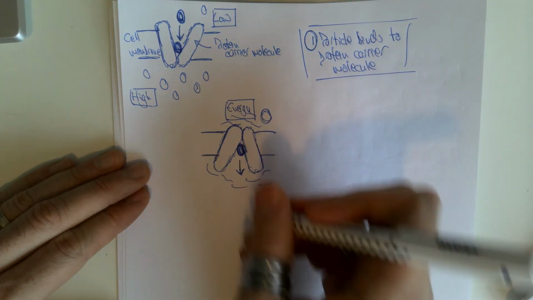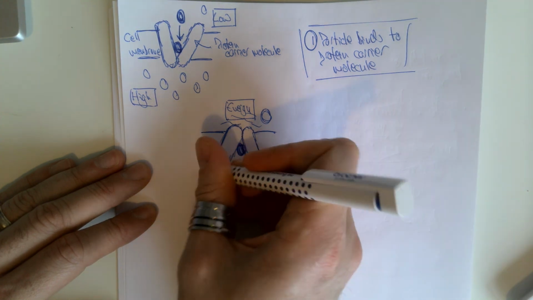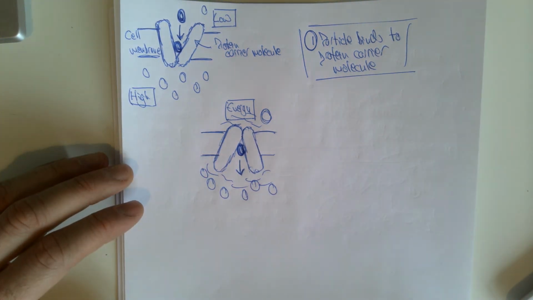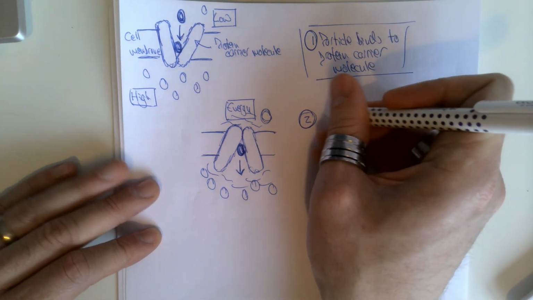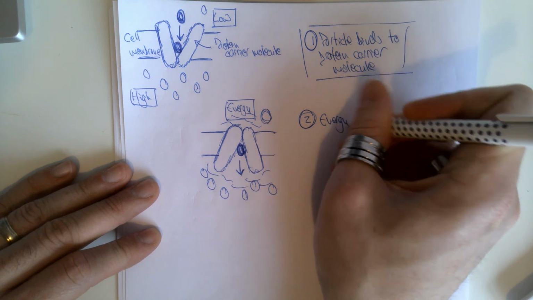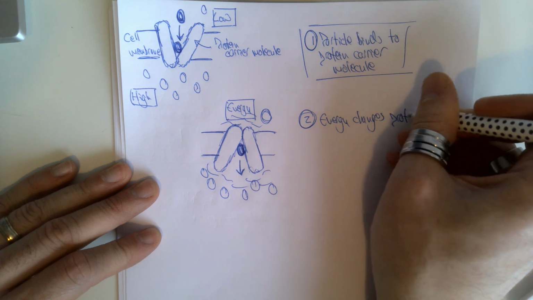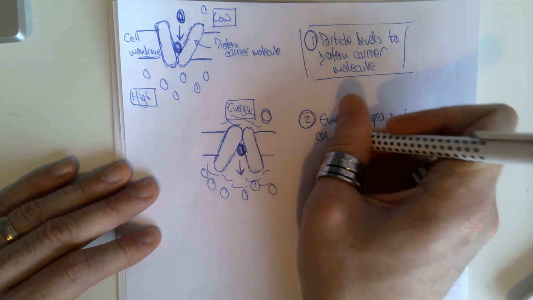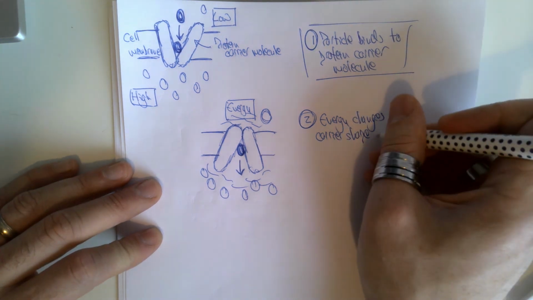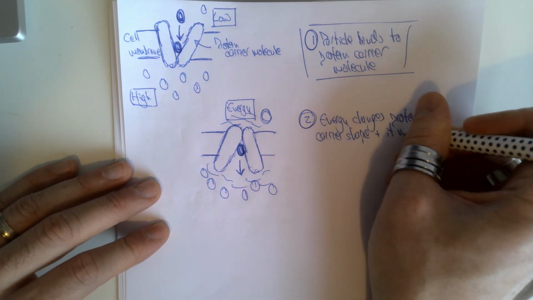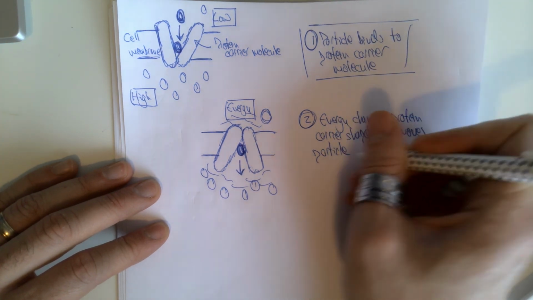So it moves it from the outside to the inside where there is a high concentration of particles. So that's our second step. So energy changes protein carrier shape, and it moves the particle across the membrane.